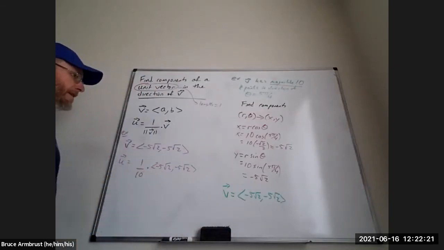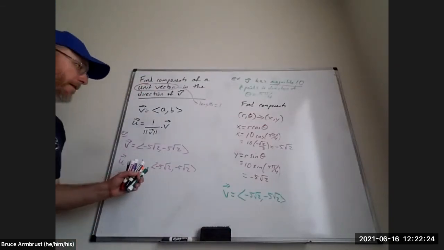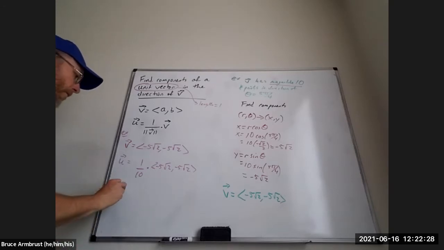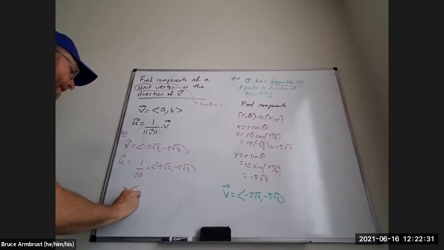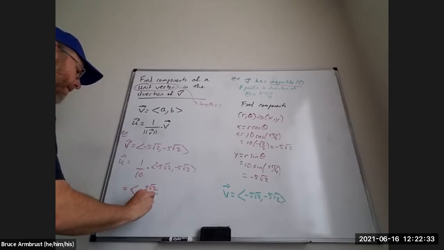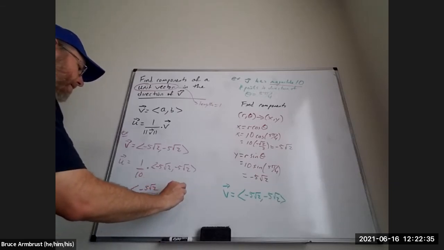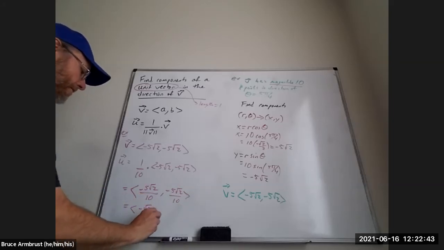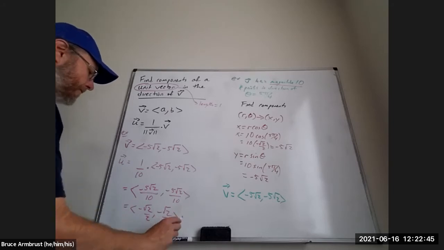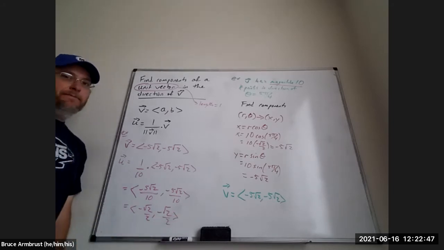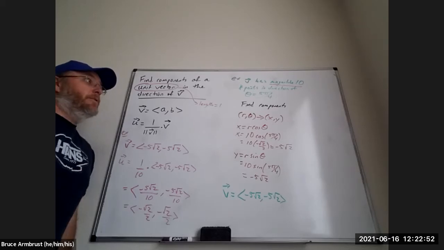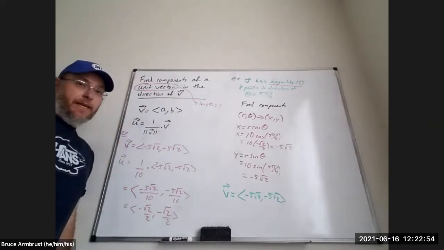So this is going to be 1/10 times minus 5 root 2 comma minus 5 root 2. That means we're going to take each of those components and multiply by the 1/10. And so the 5 and the 10 reduce, we get minus root 2 over 2 comma minus root 2 over 2. So there's a unit vector that points in the direction of v.